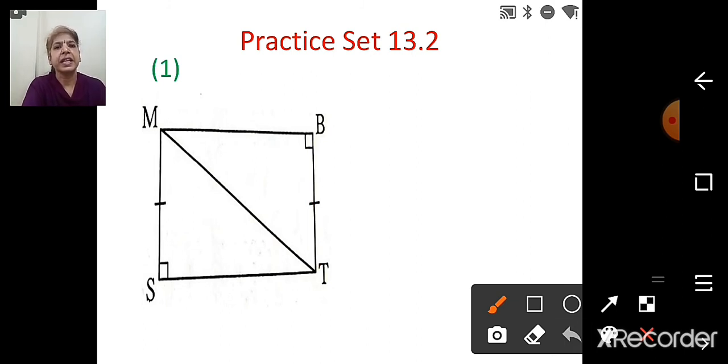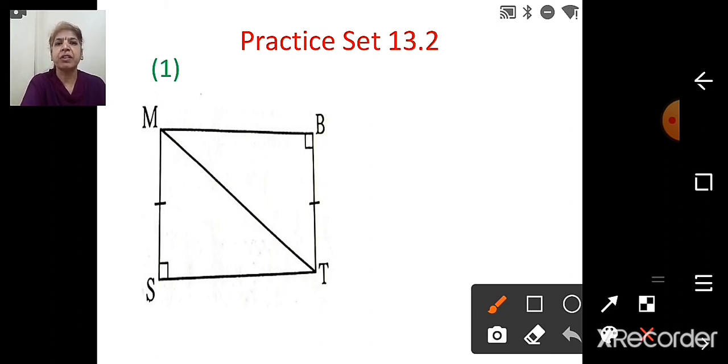So while writing the name of the triangle and the correspondence, we have to be careful. Each is a right angle triangle, with right angles at S and B. Then the marking says side MS is congruent to side TB. It is also given. So two things are given: one is the right angle, one is a side.